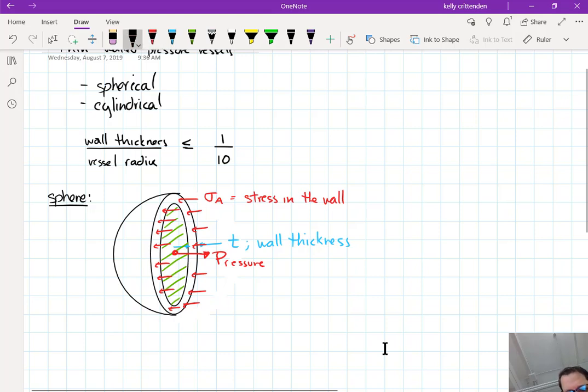So I can't do a pressure balance though, I can do force balances. So I want to change these into forces. So if I remember that a pressure or stress is equal to a force divided by an area, then I can rearrange that equation to say the force equals whatever the pressure or the stress is, either sigma A or P in my example, times area.